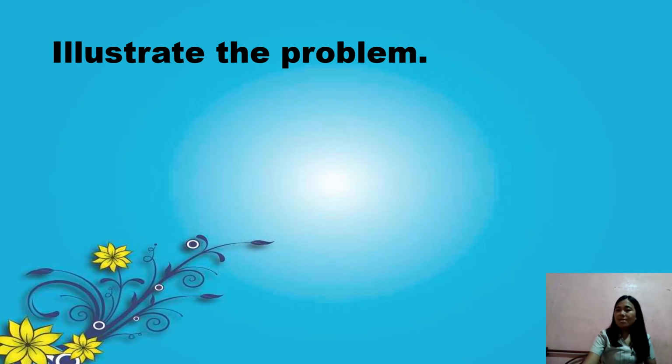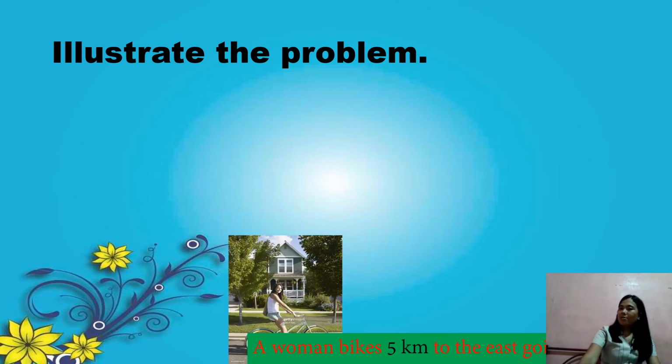So let's get back to the problem. It says that a woman bikes 5 kilometers to the east going to school. If we illustrate, then we need a woman who is riding her bike.